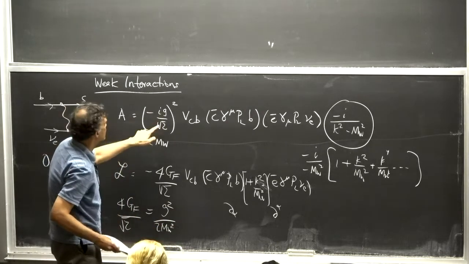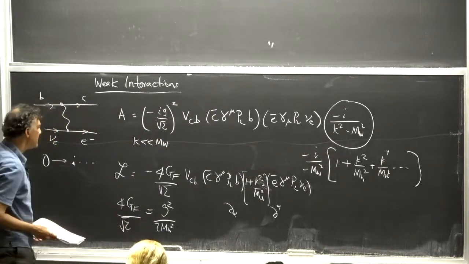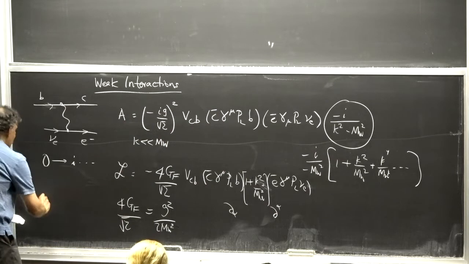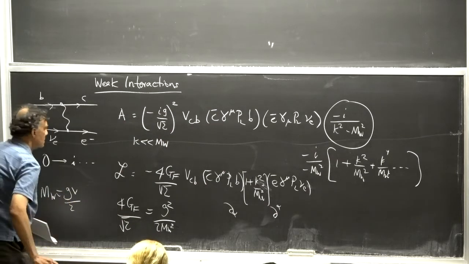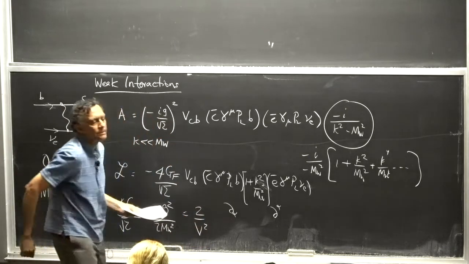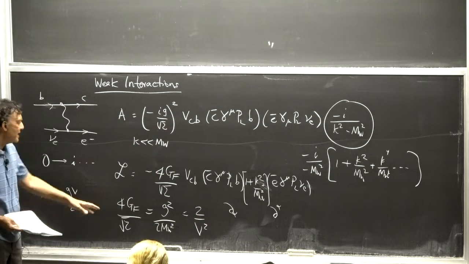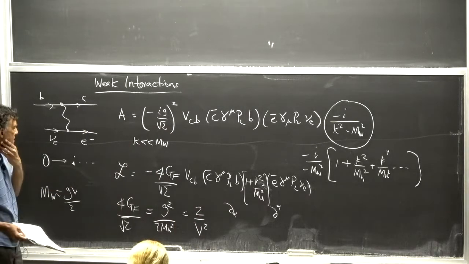There's a root 2 here, so that's a 2, and then the m_W squared there. And what is it? m_W in the standard model is g times the vev over 2. So this is 2 over the vev squared. Again, the normalizations are just for historical reasons.